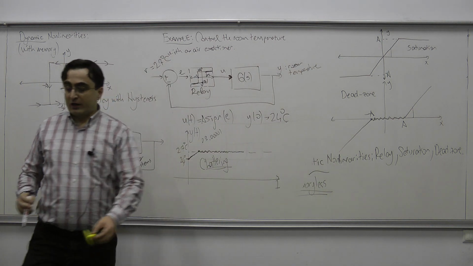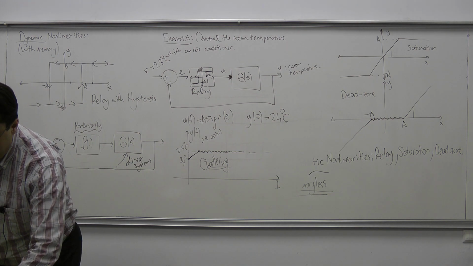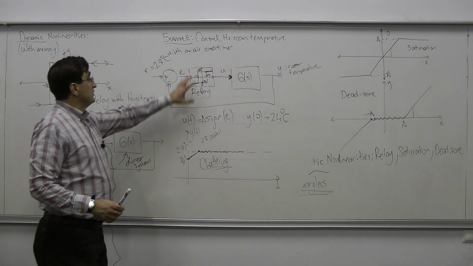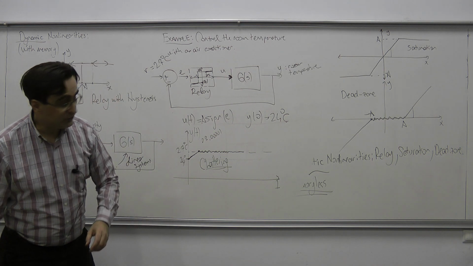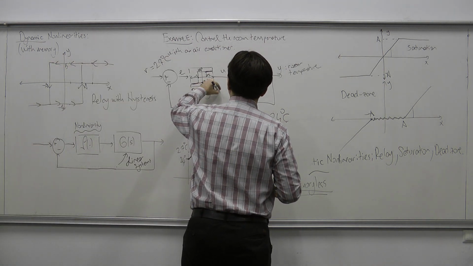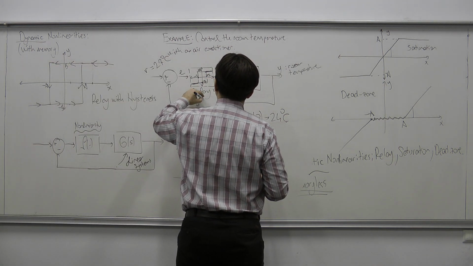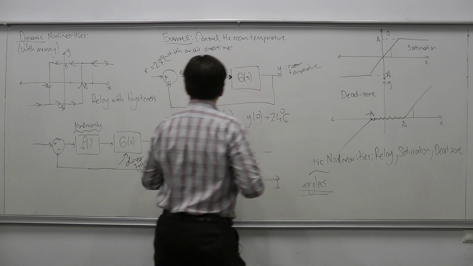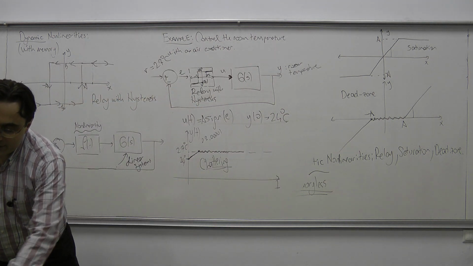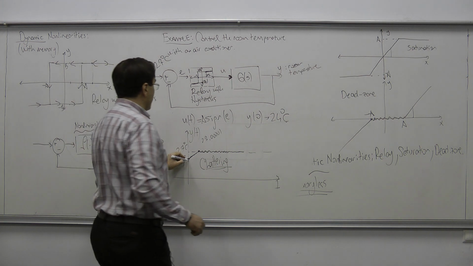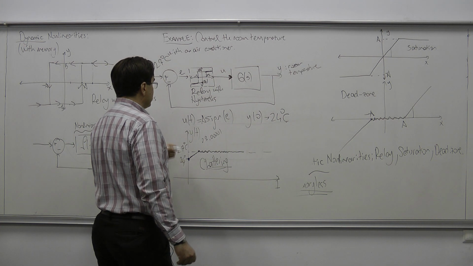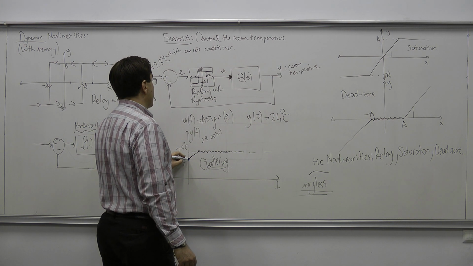So now let me try to show you the behavior with the hysteresis. So this is relay with hysteresis. In that case, I would start here again exactly at the same value.